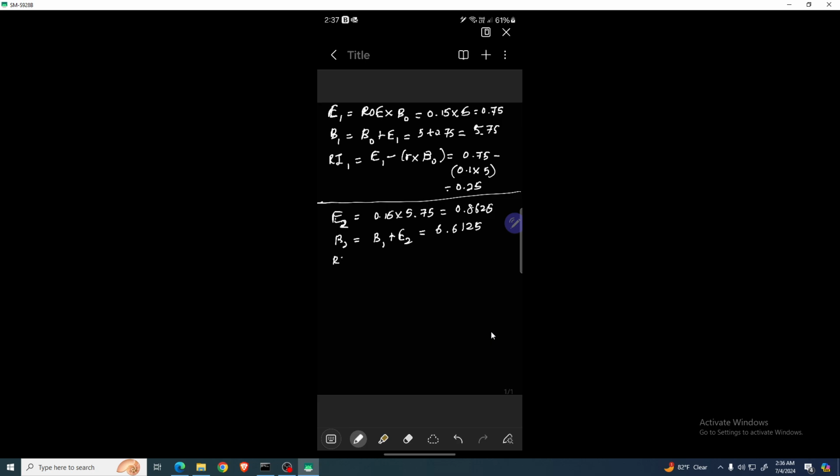Same as earlier, we are going to calculate the residual income. We have earnings for year two minus rate of return times book value at the end of year one.